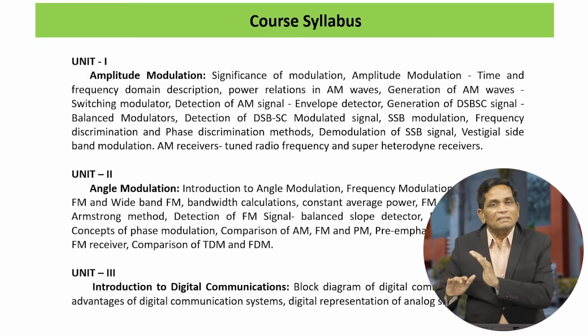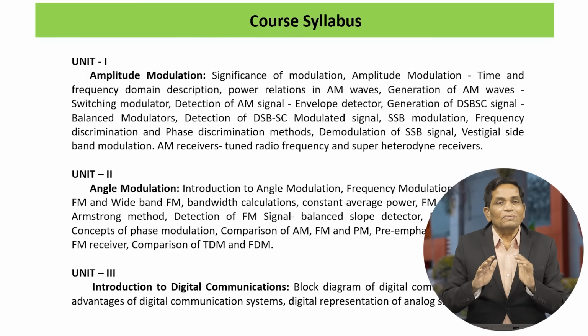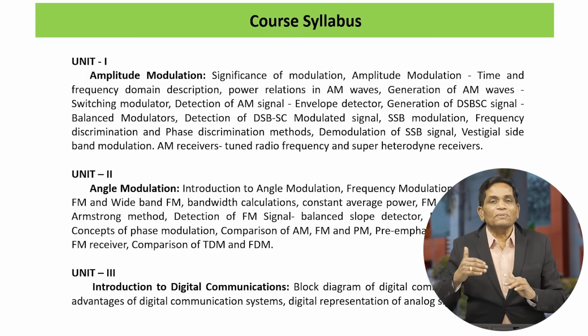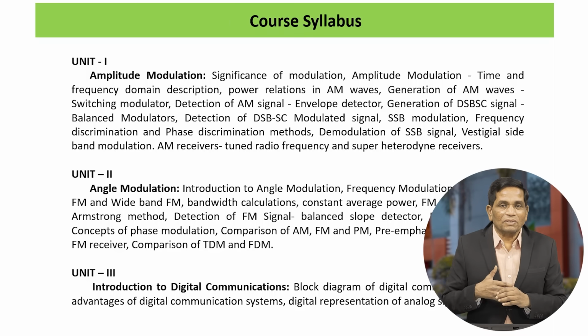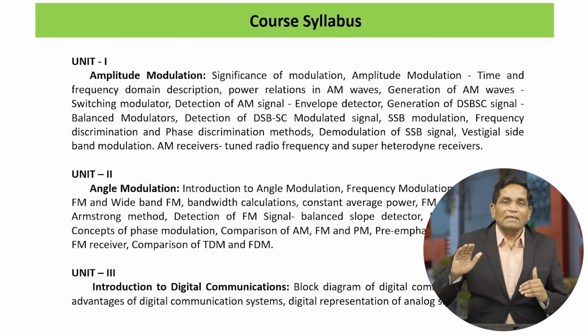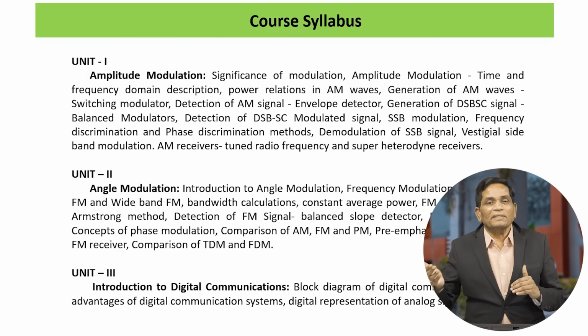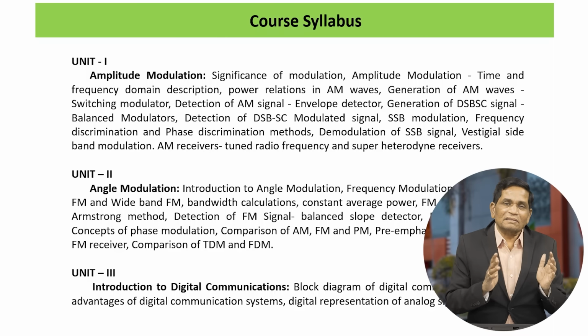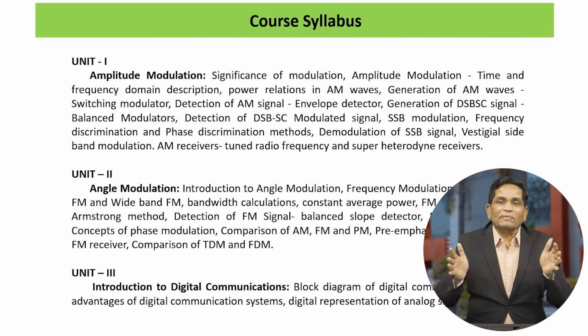The next step is demodulation. How to generate the signal and how to demodulate the signal, that is more important. At the transmitter side, we are generating the signal. At the receiver side, we are demodulating the signal. Sometimes transmitter and receiver will both be kept at the same place.